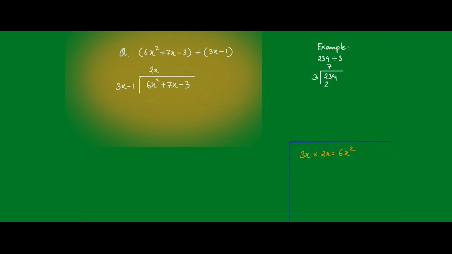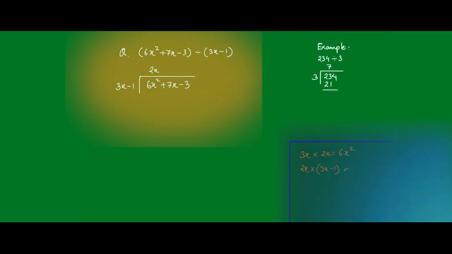Do you think we multiply with only 3x? No, because we have two terms here. We have two terms here, they're together. So we multiply 2x with the whole divisor, that is 3x minus 1. So we multiply with the divisor, which has two terms.